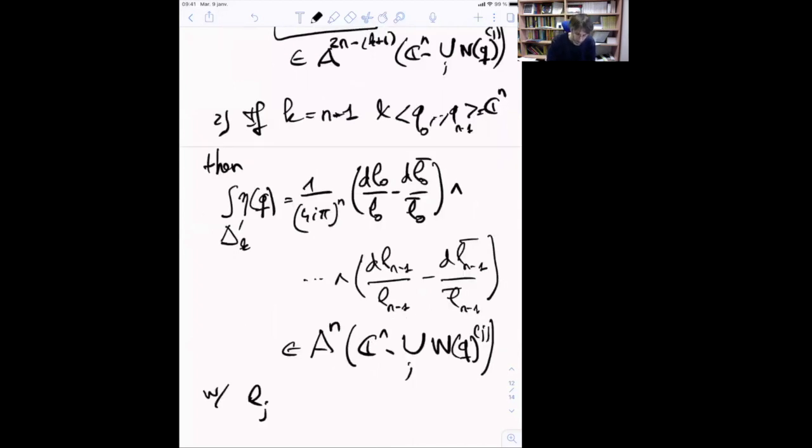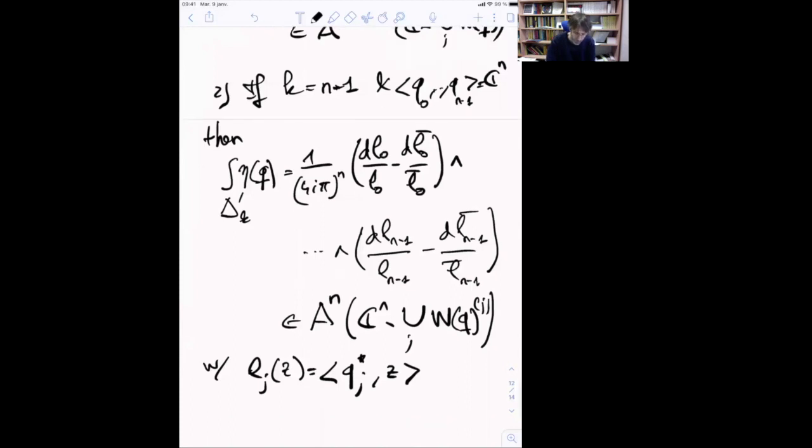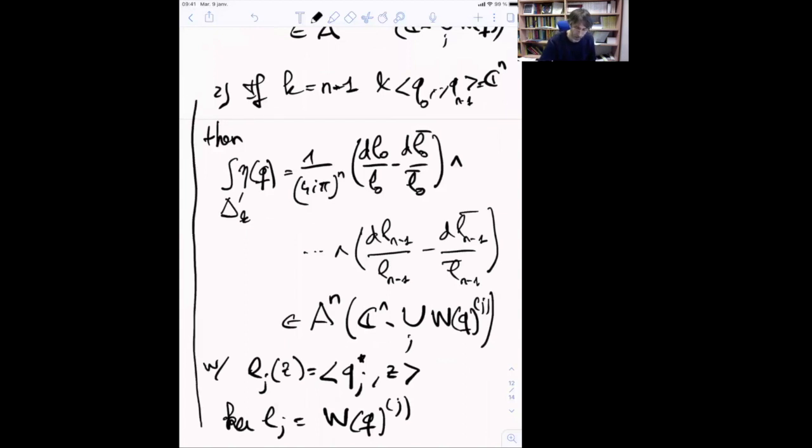Lj of Z is Qj star of Z, which is the linear form of kernel the hyperplane WQ of J. So the one generated by all the Q minus J. And so that's a bit of a long statement, sorry.